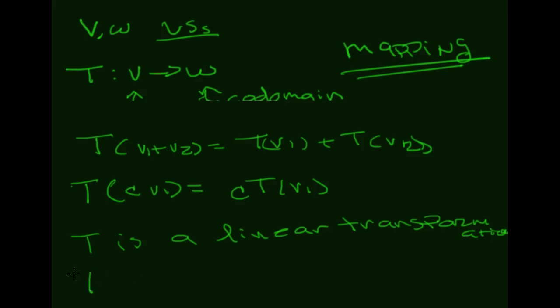If in fact T is a linear transformation and is a mapping from V to V, then we call it a linear operator.